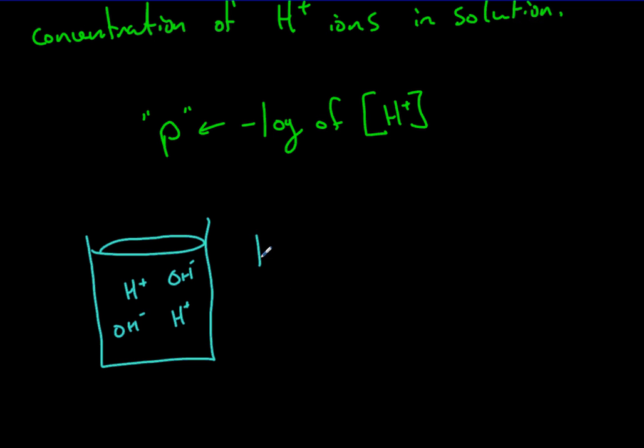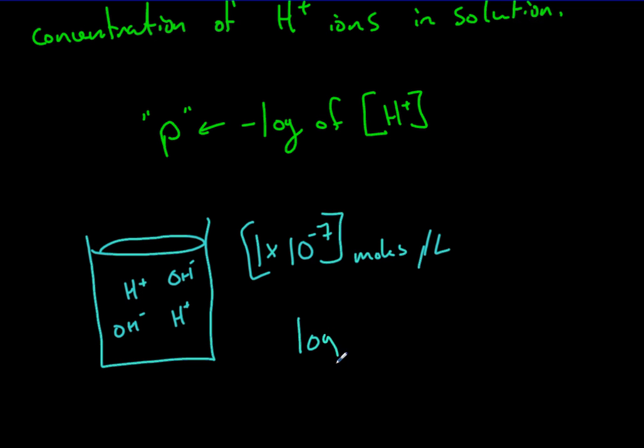So if we look at that concentration, it turns out that there's 1 times 10 to the negative 7. This new term, which please don't really worry about, is just a way of quantifying an amount of this, which you'll learn next year. But in order to explain pH, I need to use this term, unfortunately. Moles per liter.